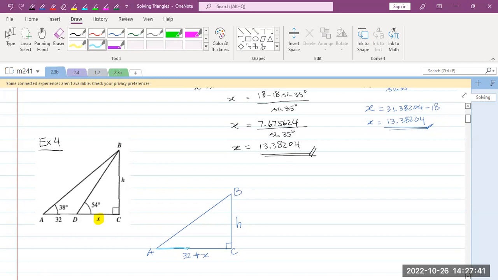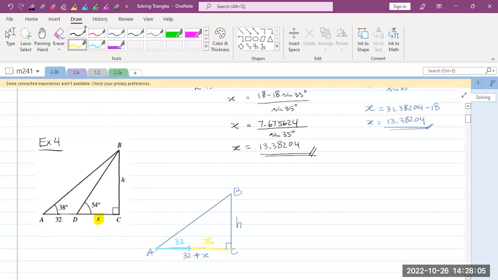Up to D is 32, right? And then from D to C is x, right? This is 32 and this is x.